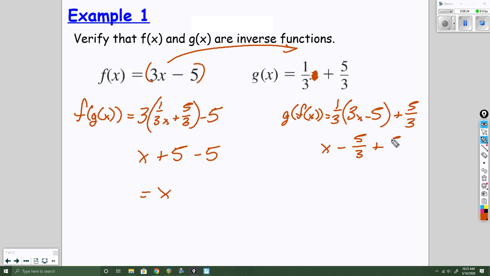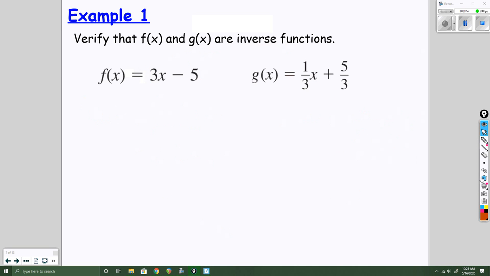And then we have -5/3 plus 5/3, which is going to cancel out. Since they both return that original input when we do both of those compositions, they are indeed inverse functions of one another. Awesome. I know it's a long process, but really what should happen is we have a bunch of undoing operations, like multiplying by 3 and dividing by 3, adding 5 and subtracting 5. If they're inverse functions, things are going to cancel out.